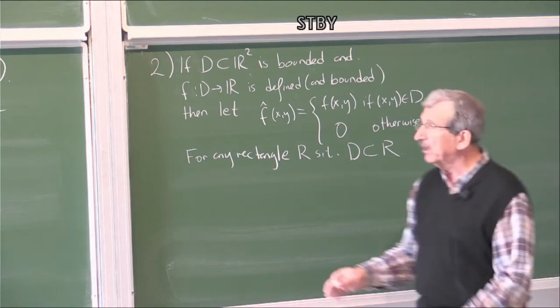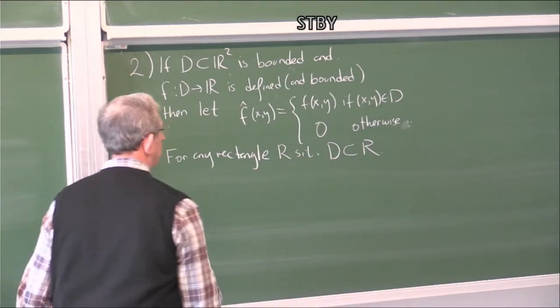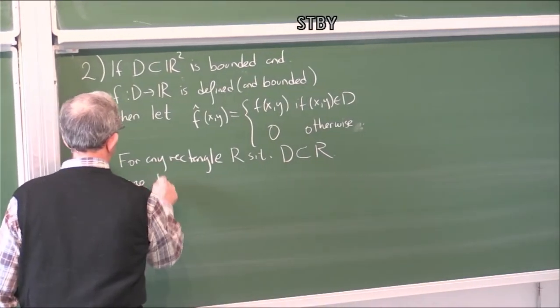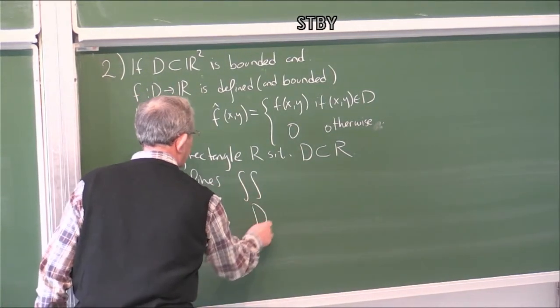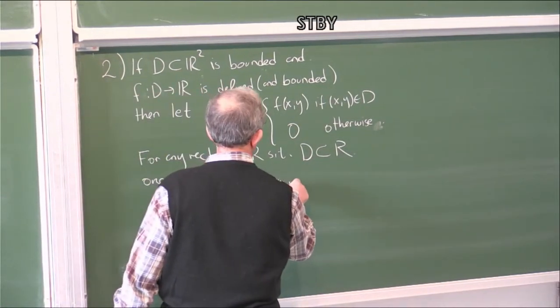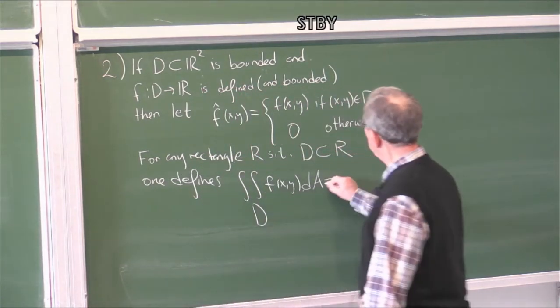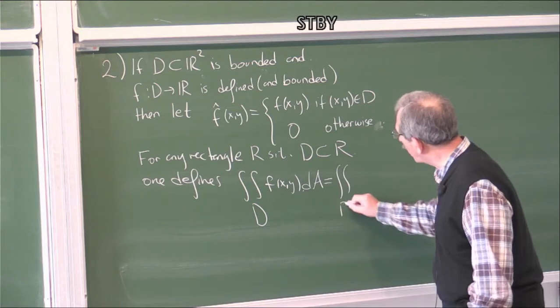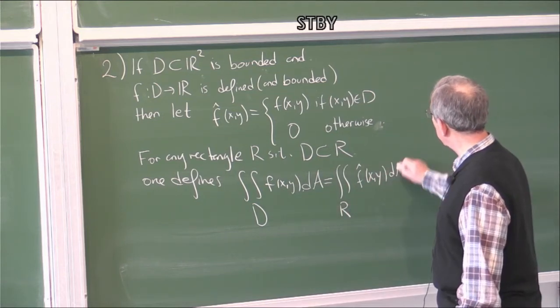Well, this needs proof, of course, but we will not do that. One defines the integral over D of f(x,y) dA as the integral over R of f hat of (x,y) dA.